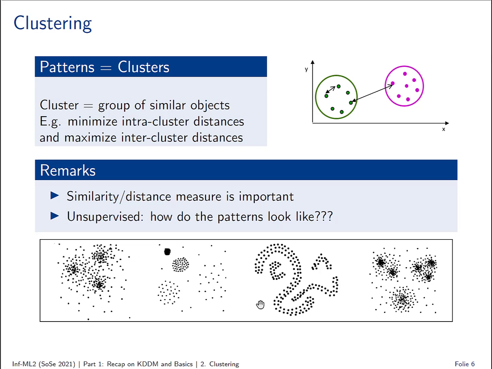And I like to show students, people, whatever, when we talk about clustering, these different data sets, where you see, okay, this is a data set, this is a data set, this is a data set, this is a data set. Well, just looking at it, because it's two-dimensional, you probably have, for all those four different data sets, clear ideas actually how the clusters look like, what the clusters are actually.